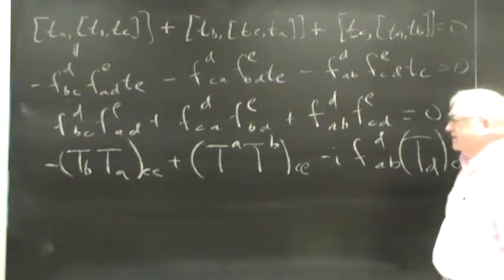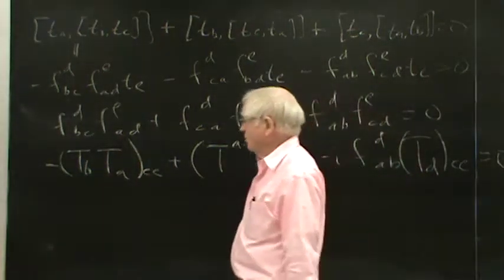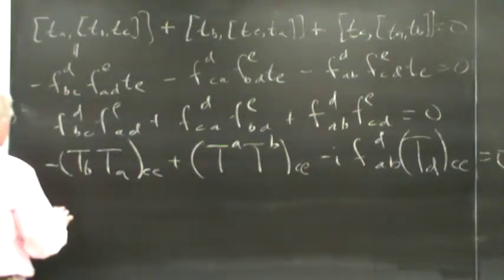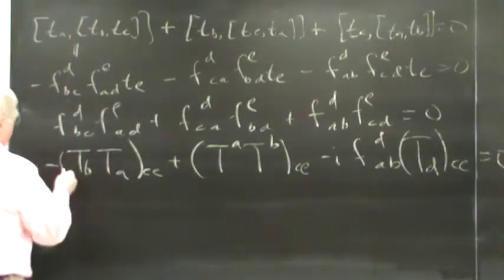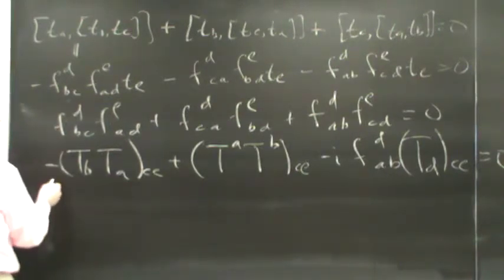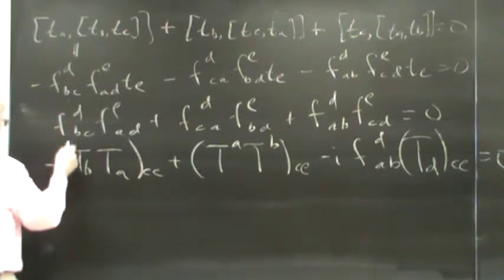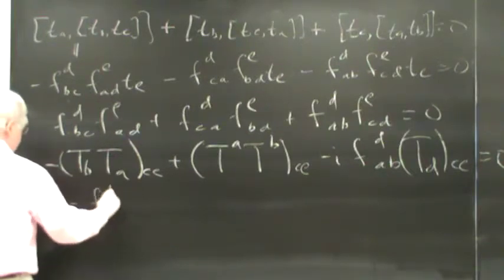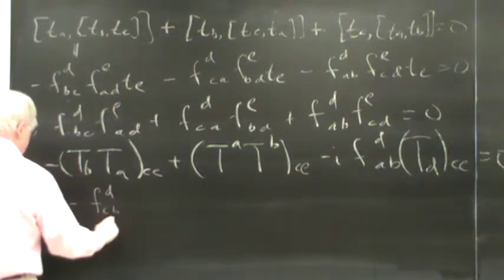Now, what we could do is I could maybe go through one of these. All right, let me just show you how this one works. Well, this one here, FDBC is minus FDCB.